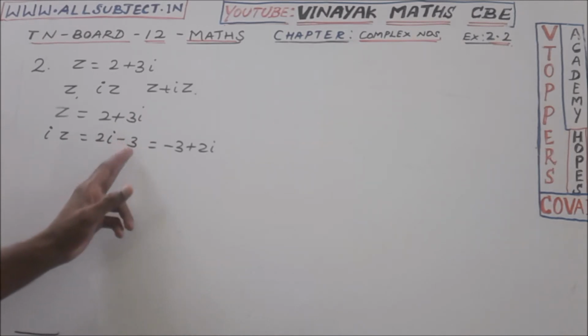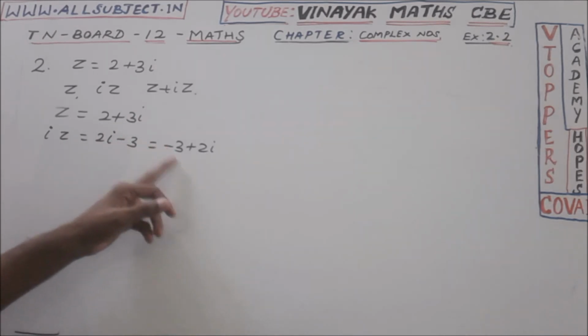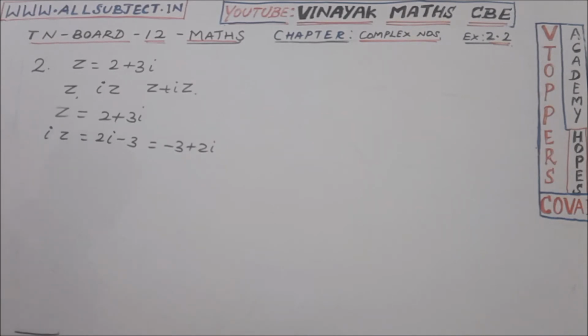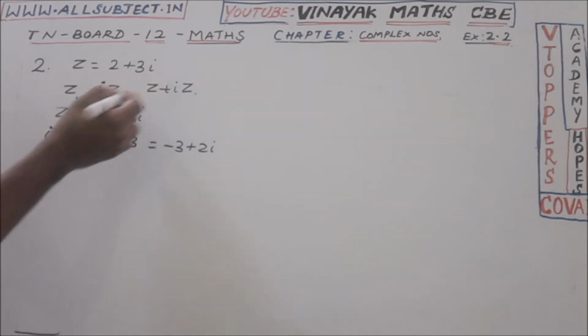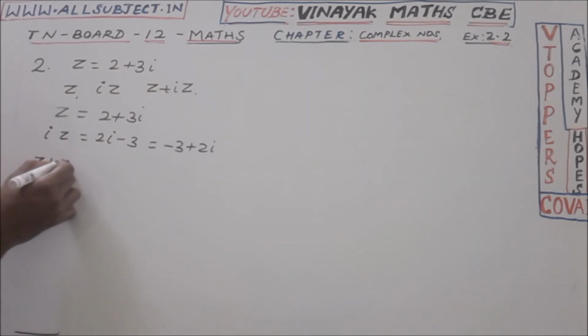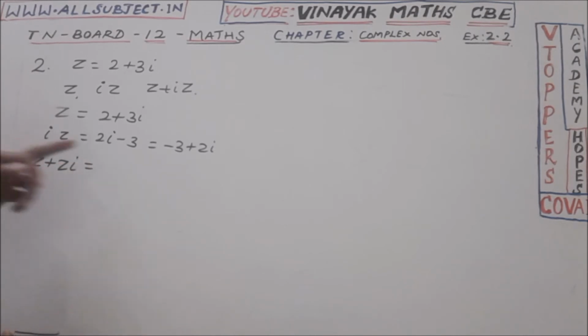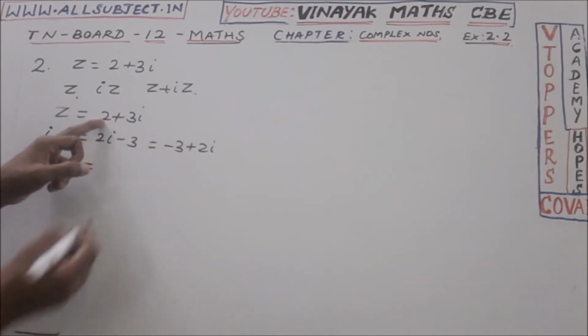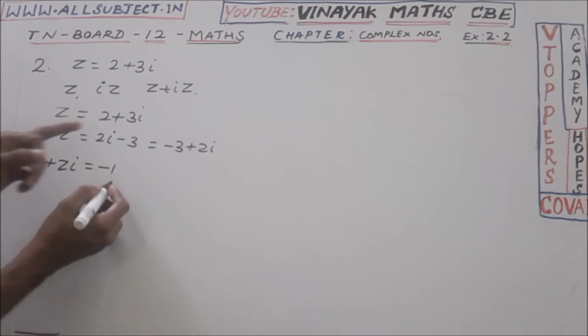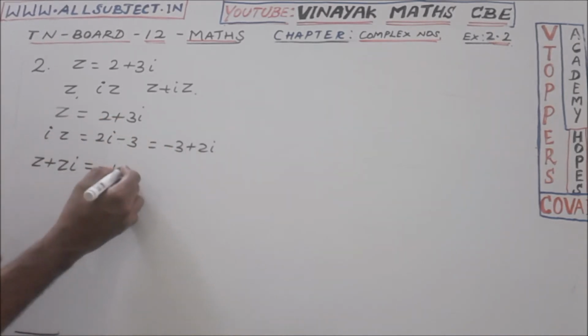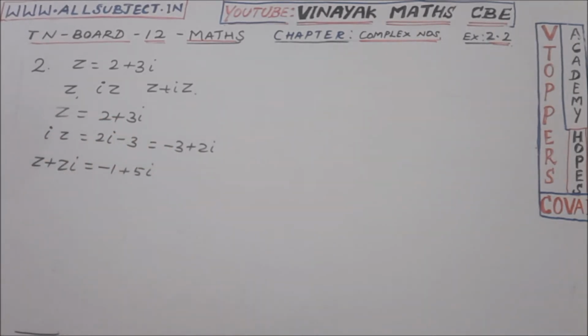So changing it to the standard form or rectangular form, minus 3 plus 2i. Then next one, z plus iz. Adding these two values, 2 minus 3 is minus 1, 3 plus 2 is 5i. This is minus 1 plus 5i. Now represent this in the Argand plane.